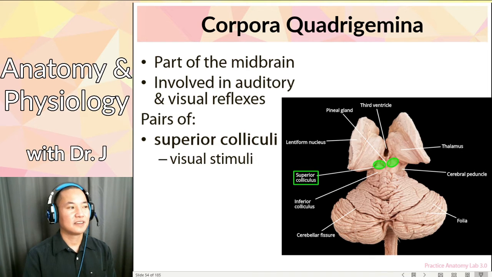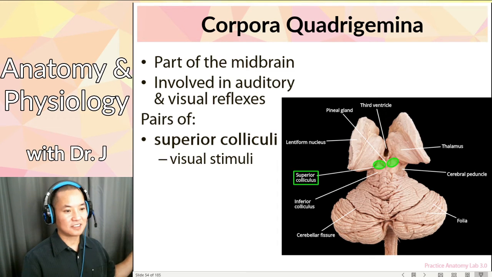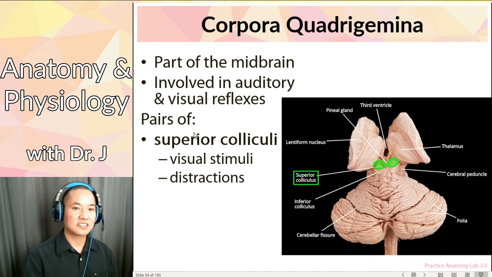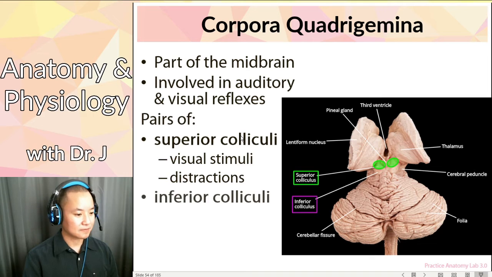Say you see someone fall over in your peripheral vision, or a bright light flashes somewhere, and what do you typically do? You turn to see what that stimulus was, what was that sudden movement and visual phenomenon. So the superior colliculi are very important in moving your head and eyes toward that sudden stimulus. Things like distraction are what's activated by these visual distractions.